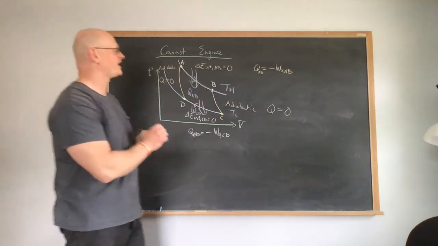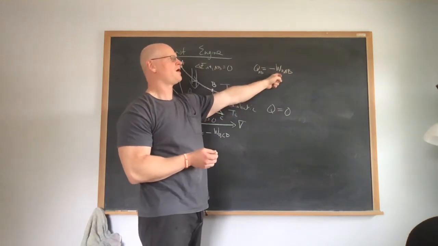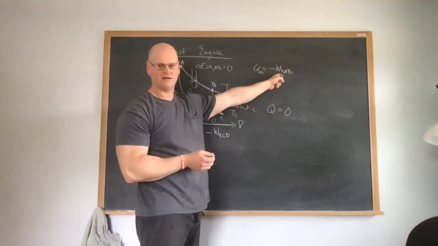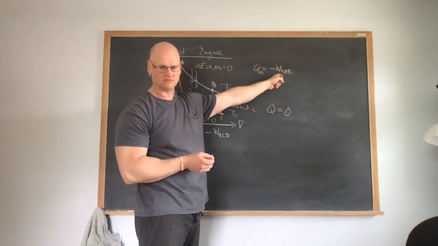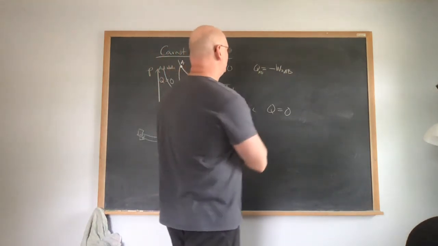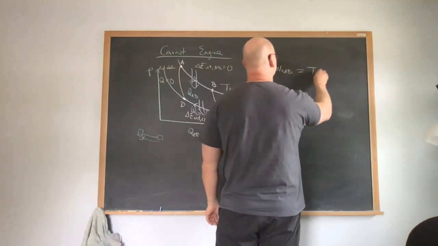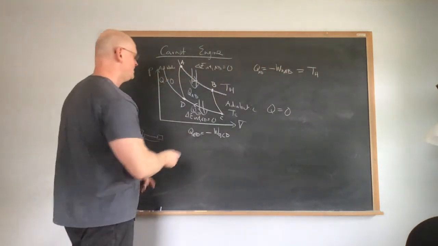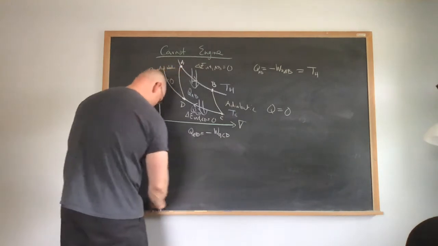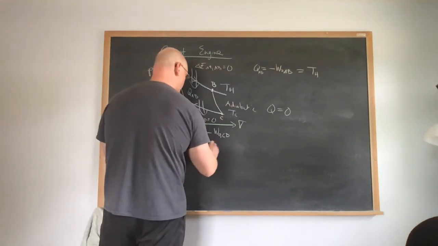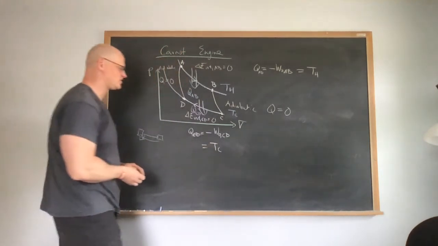The other thing I know is that for an isothermal process, the work is directly related to the temperature, which means that here the heat going from A to B is simply equal to the hot temperature. And then here we have that the heat is also equal to the cold temperature. Right?